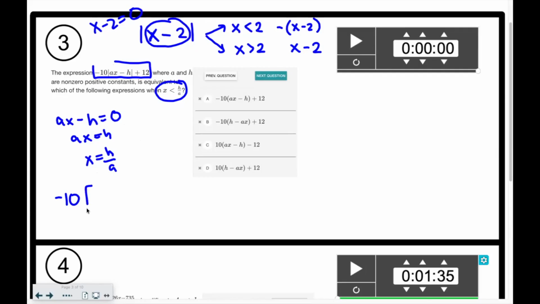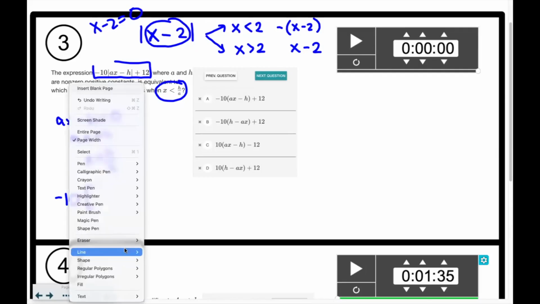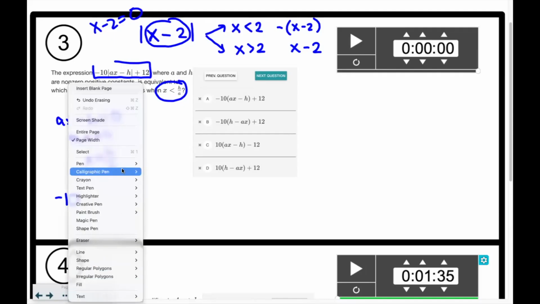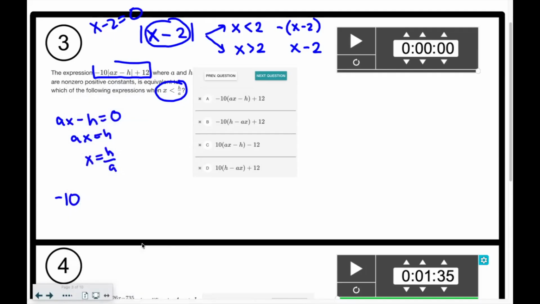So I'm going to kind of do that. I shouldn't use, that might get confusing. I'm going to use like a double parentheses. Then we're going to take the negative of ax minus h, then plus 12.